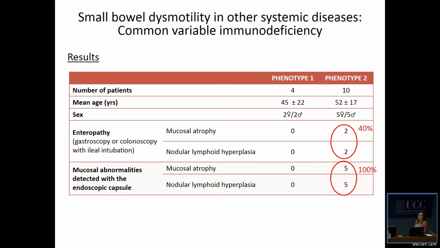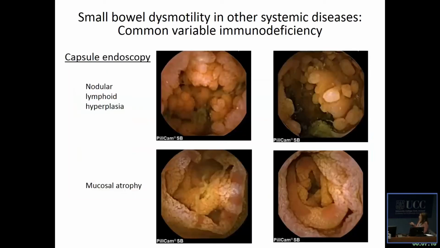All of them had abnormalities when we used the capsule. They had marked nodular lymphoid hyperplasia in 50% of these patients, and the other half had very severe mucosal atrophy that was sometimes low down in the jejunum and had not been detected previously.